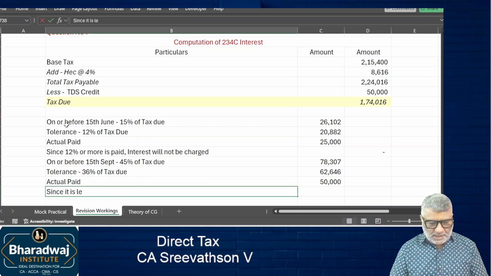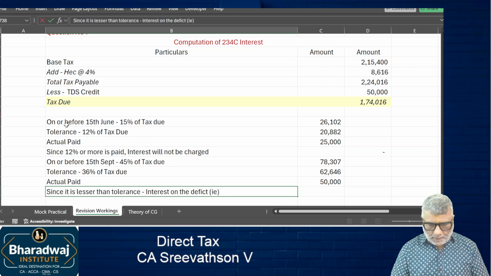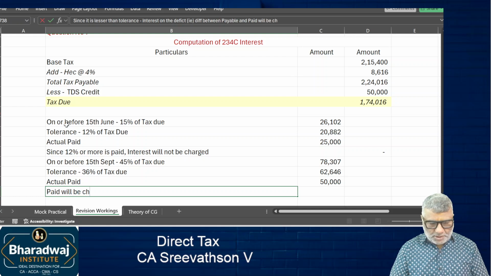Since it is lesser than tolerance, interest on that deficit, that is the difference between payable and paid, will be charged at 1% for 3 months.